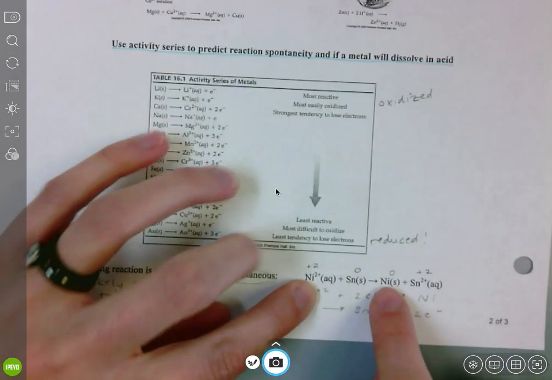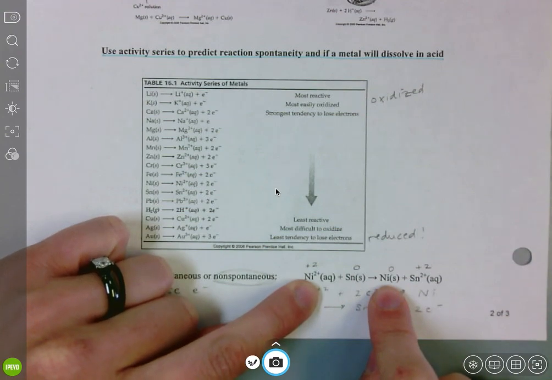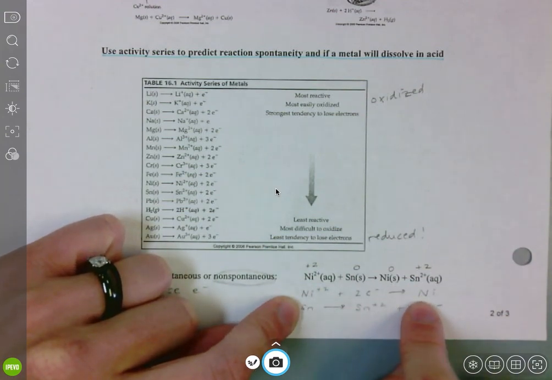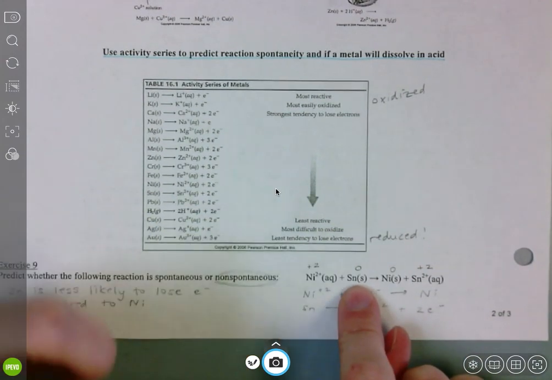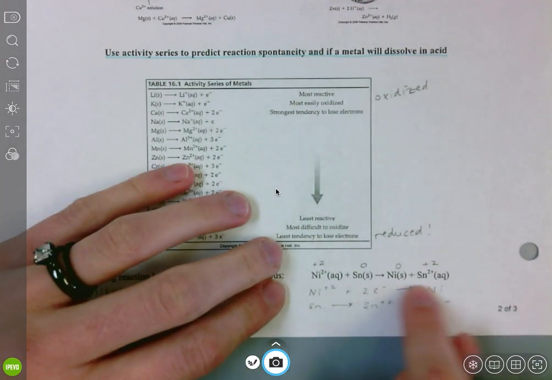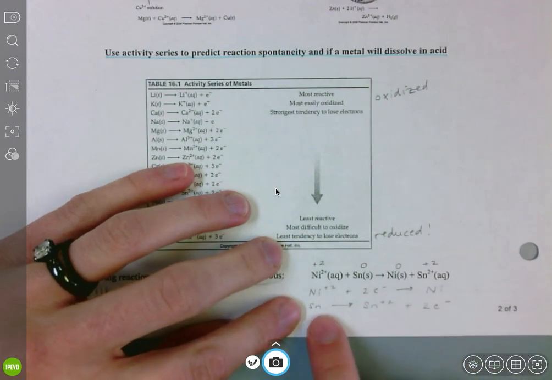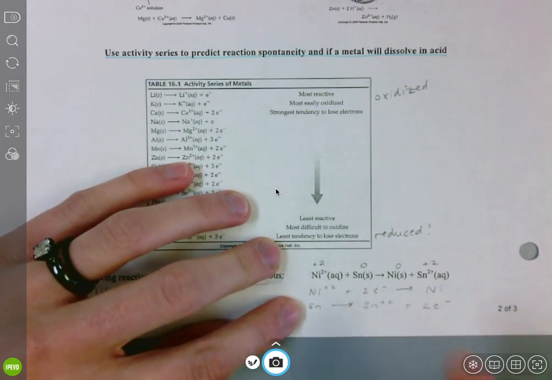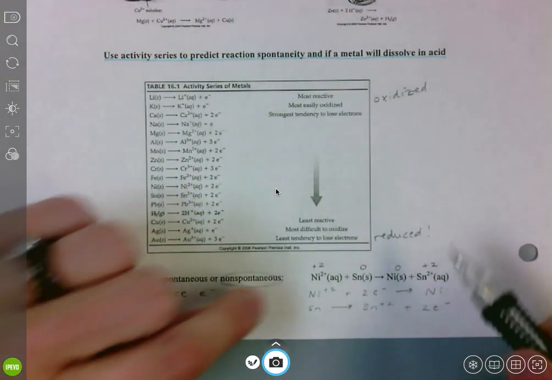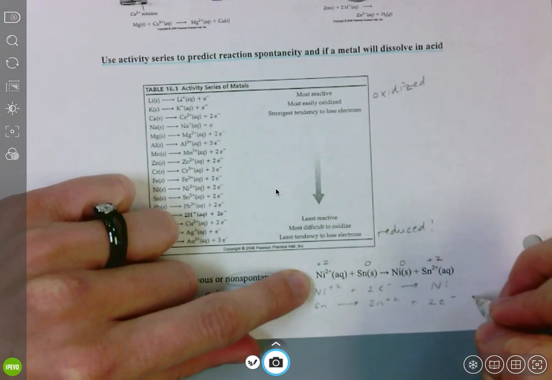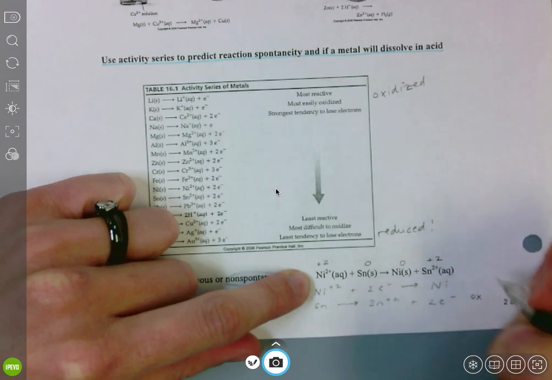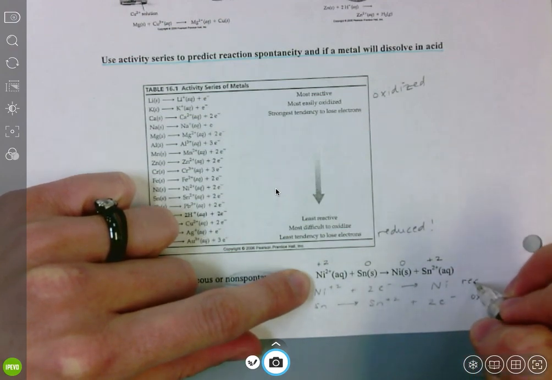So from this nickel to that nickel, we're gaining 2 electrons. That's what this half reaction means. We're gaining 2 electrons to get to nickel here. Tin, we're starting with a 0 oxidation number and then going to a +2, so we're technically losing electrons at that point. So if we're losing electrons, that means we are oxidized, and if we're gaining electrons, we are reduced.